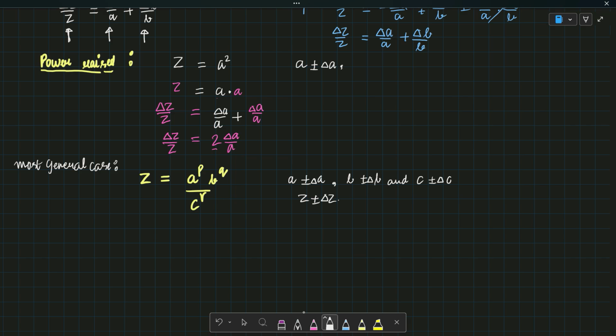We have just calculated that the relative error in Z will be, since we always calculate the maximum relative error, P times the relative error of A plus Q times the relative error of B. And because this is division, there will come a minus sign, but we always report the maximum error, so this will become plus R times the relative error in C. So this is the relative error in case of the general product equation. Hopefully this makes sense. If you have any doubt in any step, you can always raise your question.